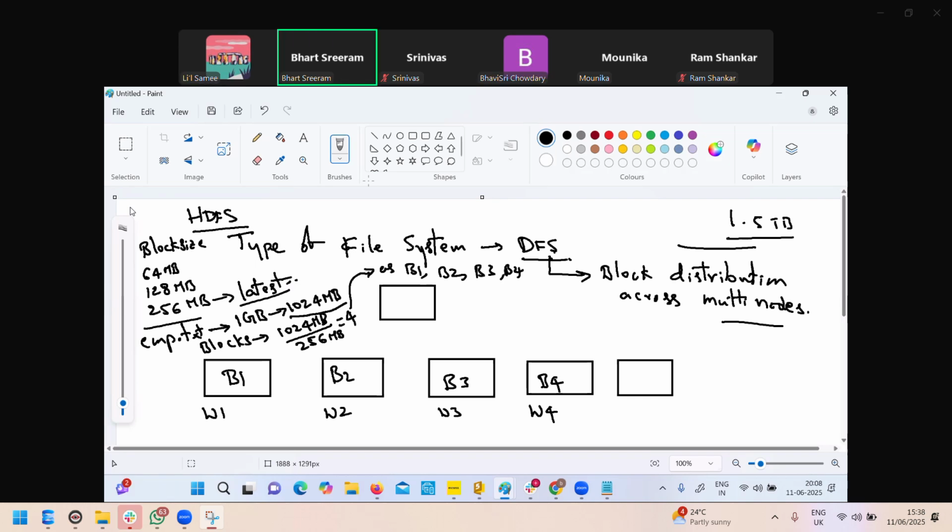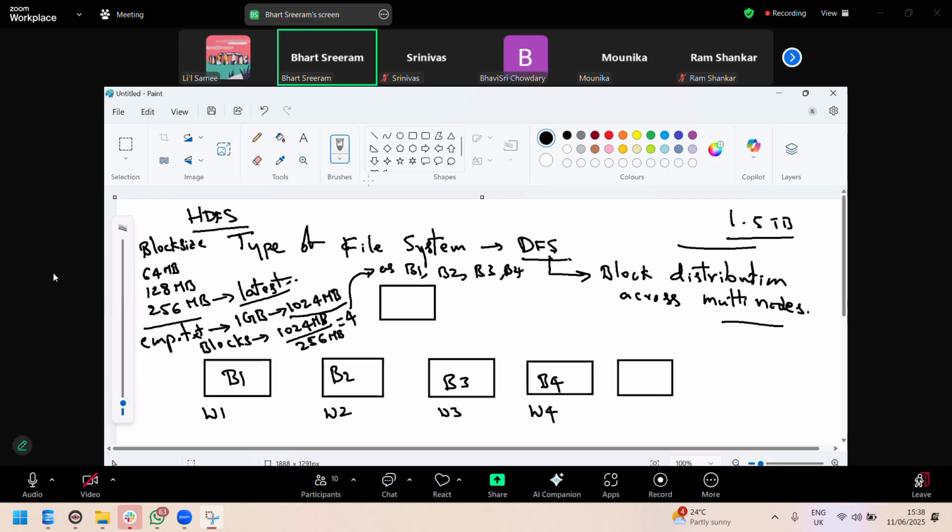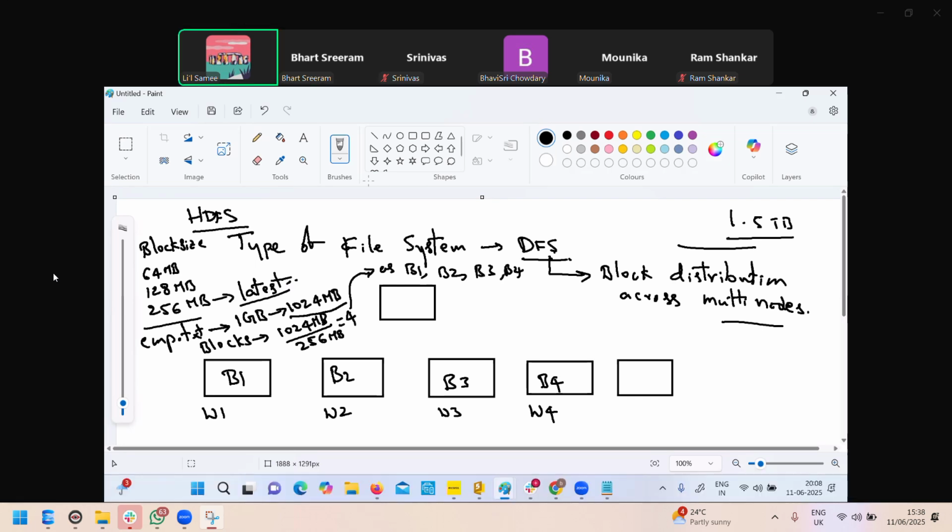No. In the case of Hadoop, can I store it? Yes. Even if space is not available in my Hadoop, it's not an issue because of block distribution. I will add a few more nodes.